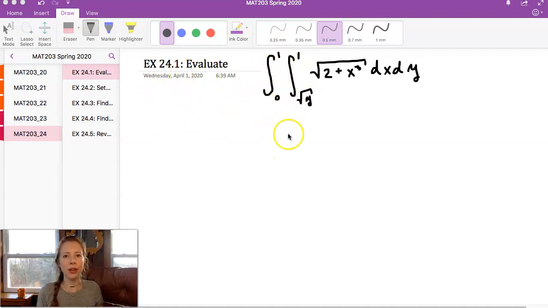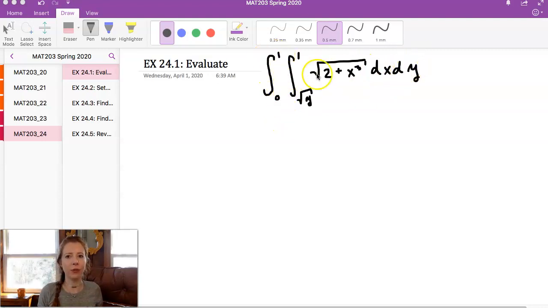So here you see a double integral, and the way you read this is you have to look at your integral and your infinitesimal change in variable on the outside, like bookends. So from 0 to 1, this is going to be our interval for y, okay?